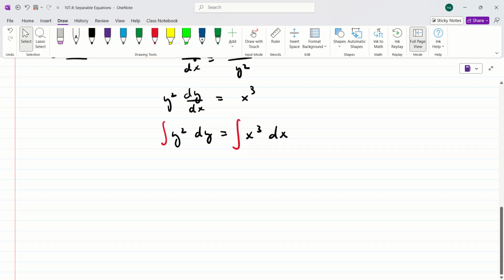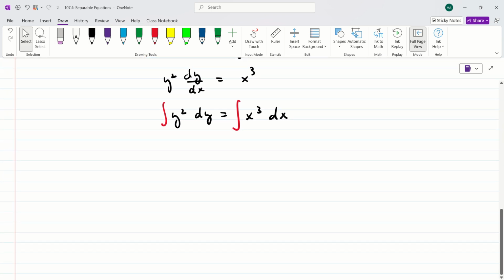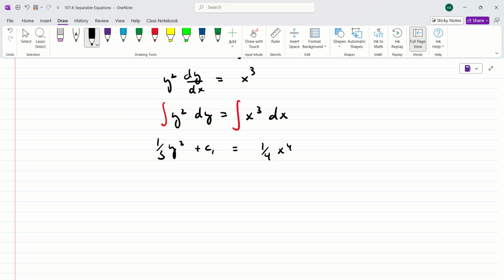The antiderivative of y squared with respect to y is 1/3 y cubed plus a constant, let's call it plus c1. On the right hand side, we have the antiderivative of x cubed to be 1/4 x to the fourth plus a constant, let's call that c2. This c1 and this c2 we can combine together.